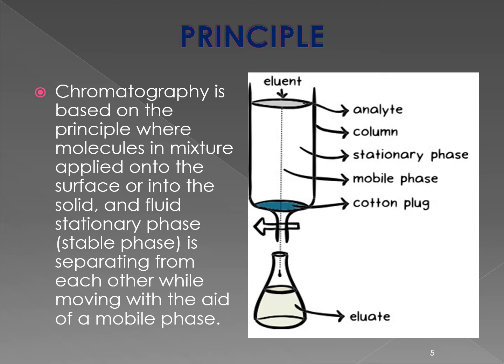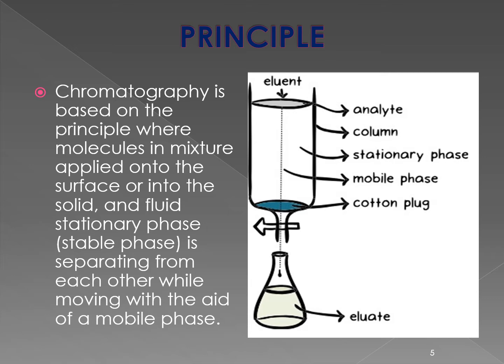Then we have the column in which the stationary and mobile phases are present. When the eluent, or the particles that we want to separate, enter the column, the particles start showing affinity with the stationary phase and the mobile phase, and in this way at the end the eluate, the end product in which the separated components are present, moves out through the column.